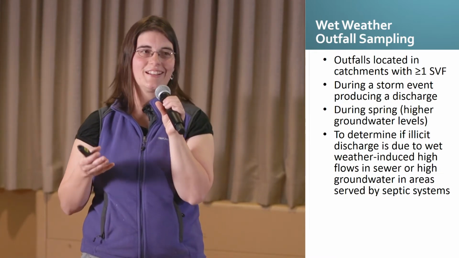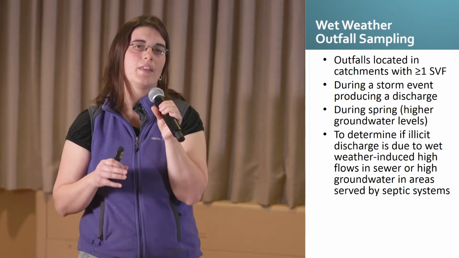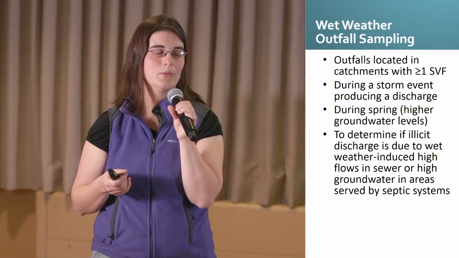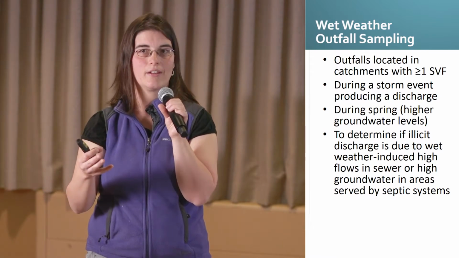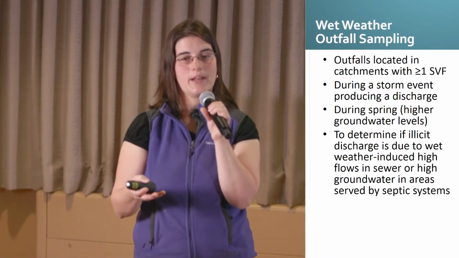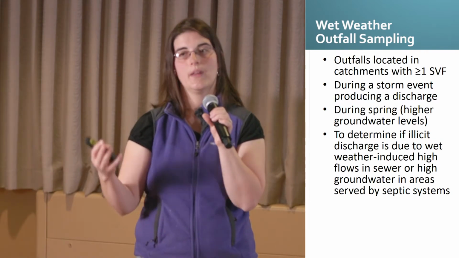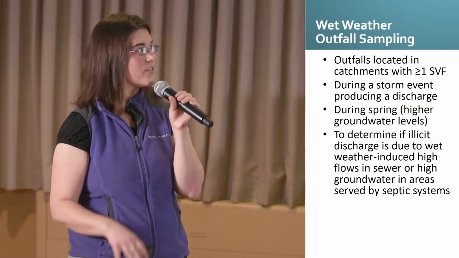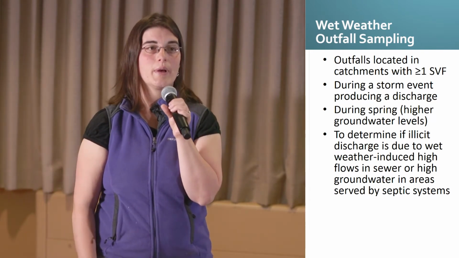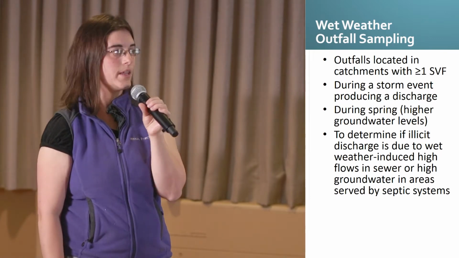It's not usually during business hours between 7 and 3. They take a lot of coordination to get there at the right time. You're not going to have outfalls flowing all at the same time, and some outfalls take a long time before any flow starts. So it's definitely a puzzle to figure out the timing of wet weather sampling.